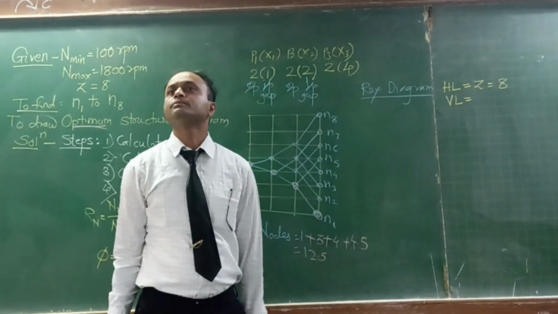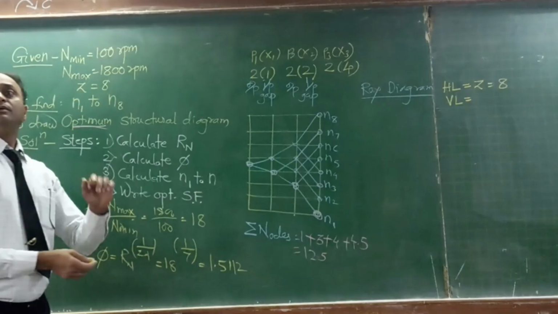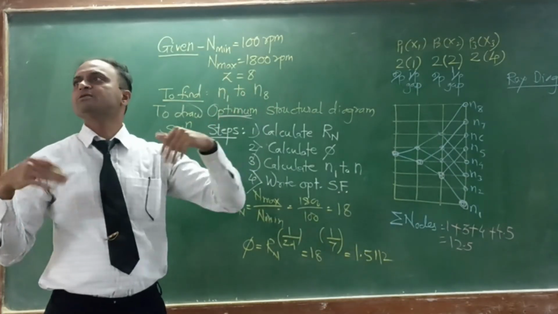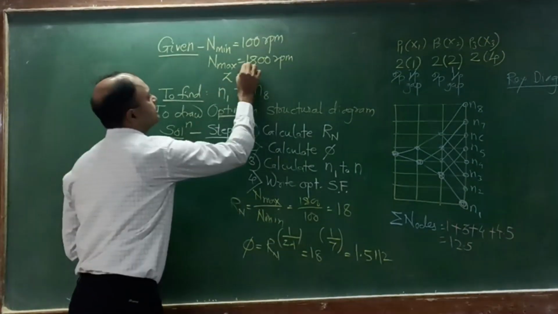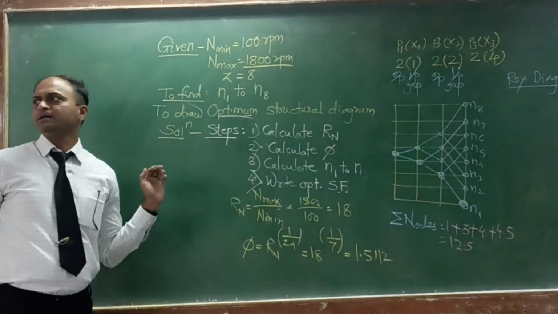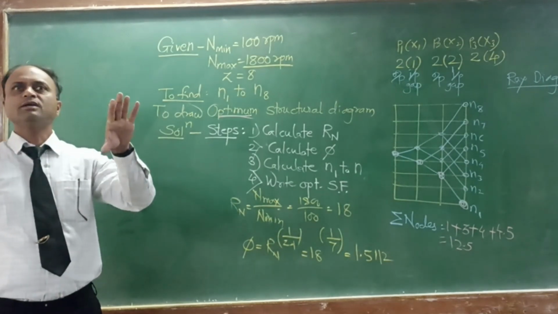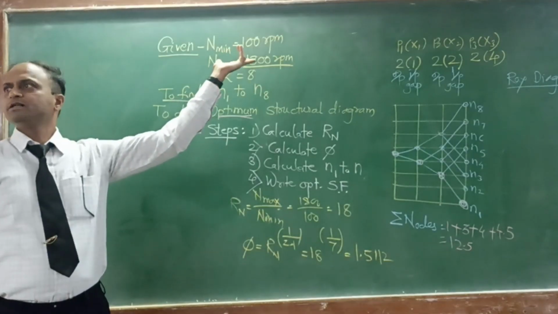Vertical lines are number of stages n plus 2. Now in this case, motor speed is not given. No. Okay, for drawing a ray diagram, motor speed should be given. If it is not given, you can assume that motor speed is equal to maximum speed. Are you getting me? Yes. If motor speed is not given, you can take whatever maximum speed is, that is the motor's input speed also.